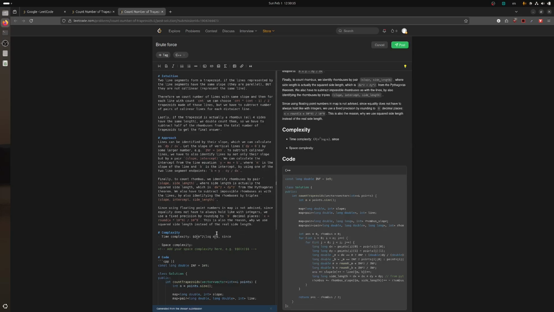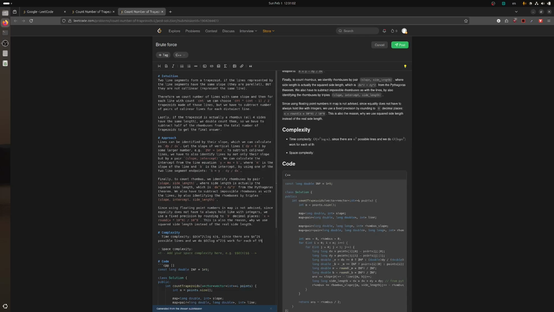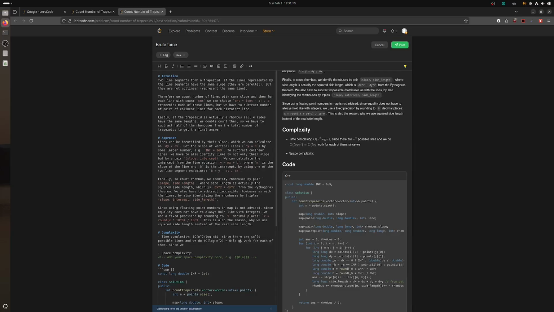I mean, it's still whatever. n squared log n squared is just n squared log n. There are n squared possible lines, and we do O of log n squared work for each of them.